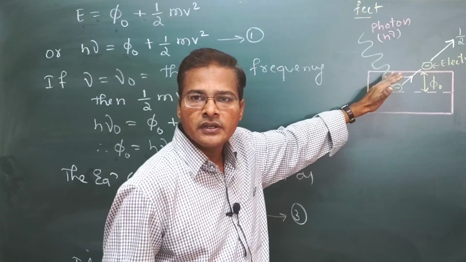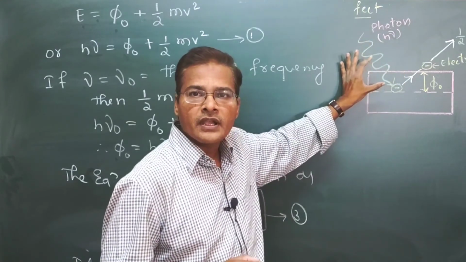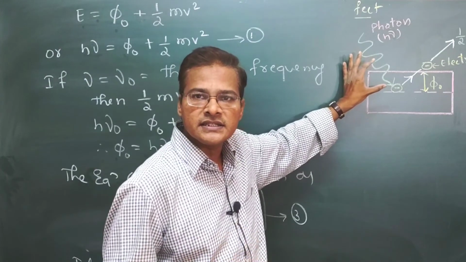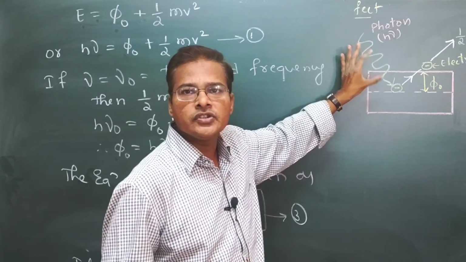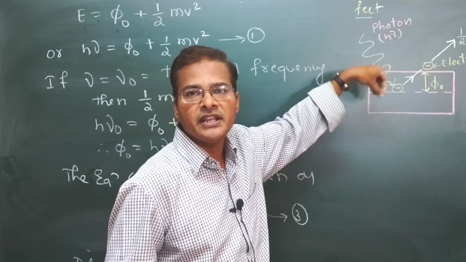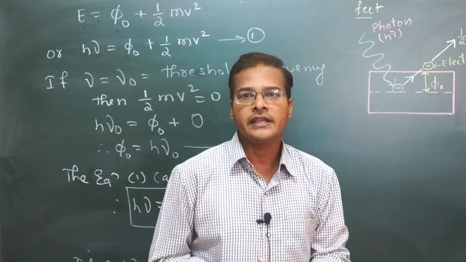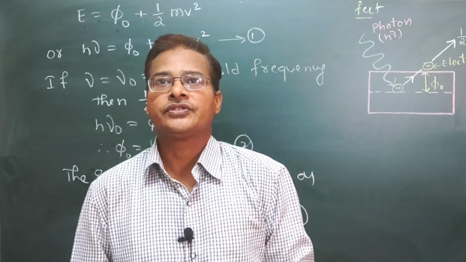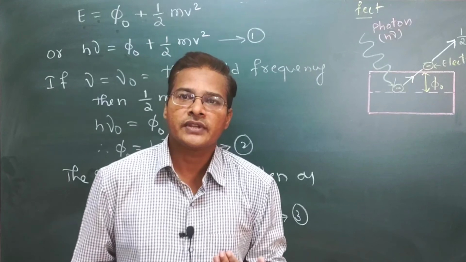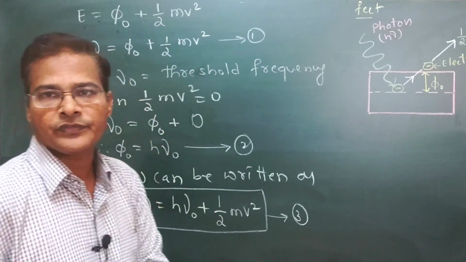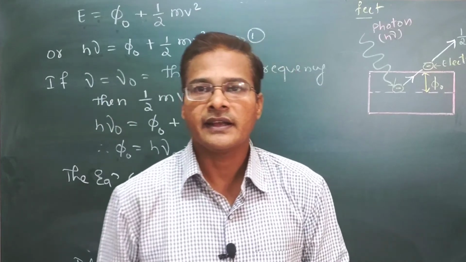So if the photon energy increases, whatever energy is needed is taken as the constant energy, and the remaining energy is used for increasing the velocity of the electron. That means it will increase the kinetic energy.